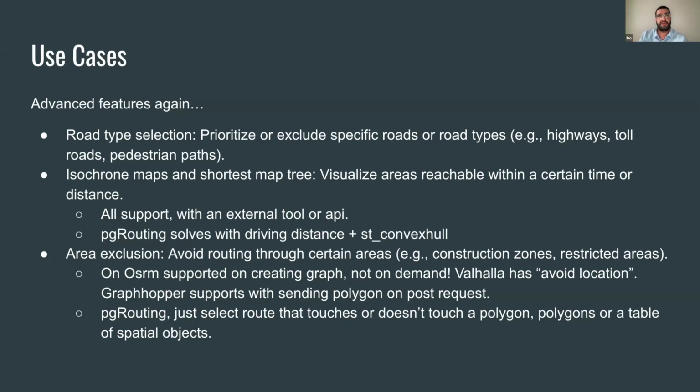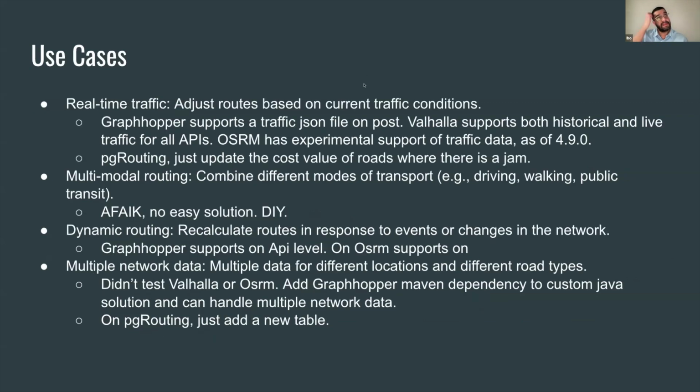So real-time traffic is also needed, and GraphHopper supports the traffic JSON, and Valhalla supports both historical and live traffic data. And OSRM has experimental support. And on the pgRouting side, as I said, you can create your cost values yourself.